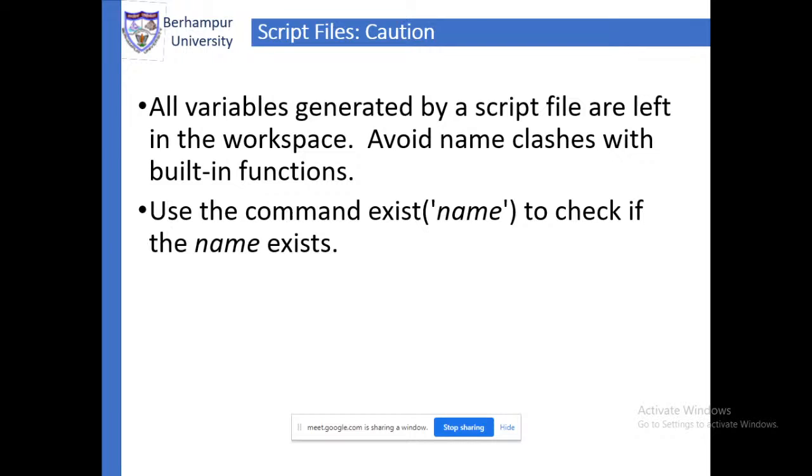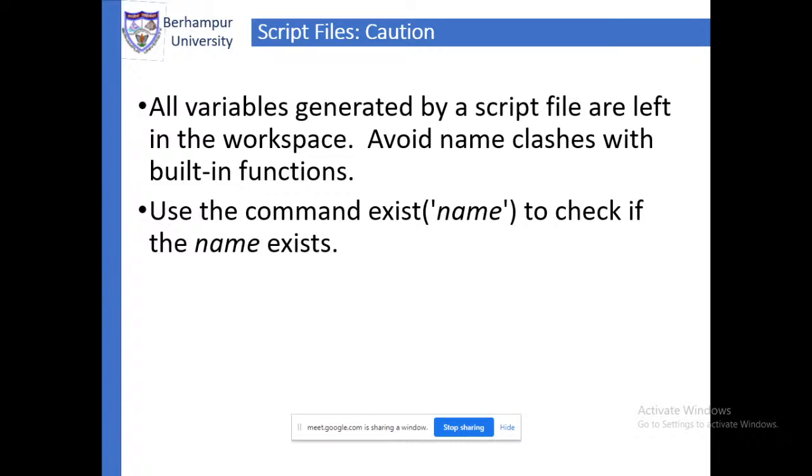Use the command exist, then give a name. Name is the name of the file, etc. So use the command exist to check if the name exists or not. Suppose you are using xyz to define a variable and you do not know whether xyz is a built-in function in MATLAB.